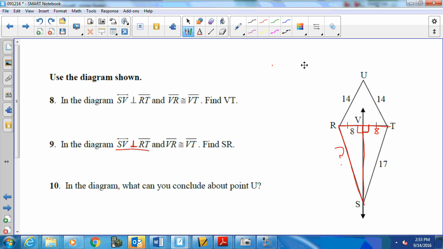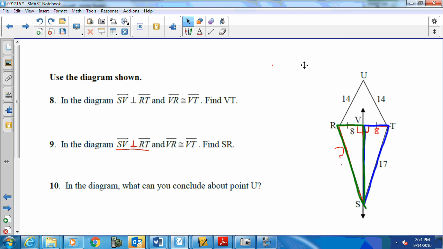Now, if you notice here, what we have are two right triangles. So triangle SVT and triangle SVR are both right triangles.